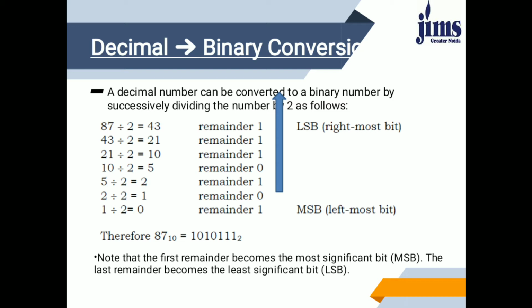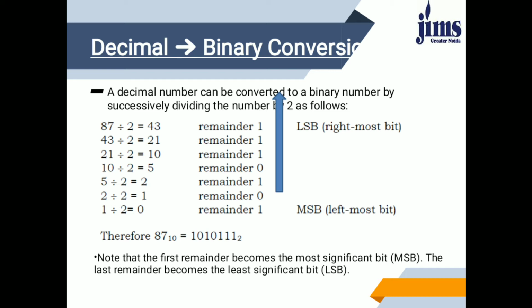To convert a decimal number, let's take an example: 87. We just need to divide the decimal number by the base into which we want to convert. Suppose we want to convert a decimal number into octal. How many digits are used in octal?